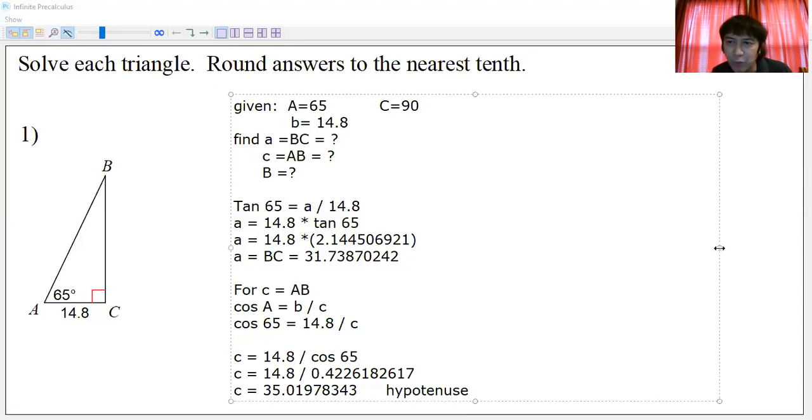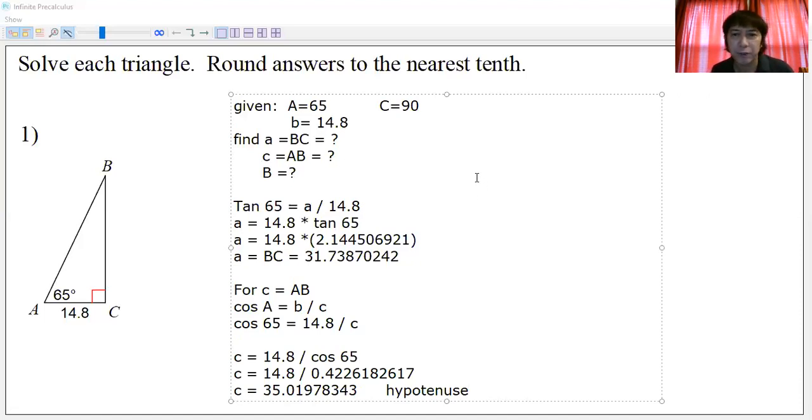We still have to compute for one more, the third angle. We know that for a right triangle, the two acute angles, that means A and B, are a total of 90.